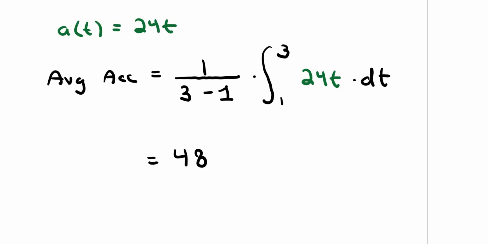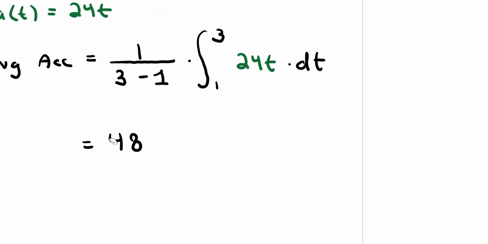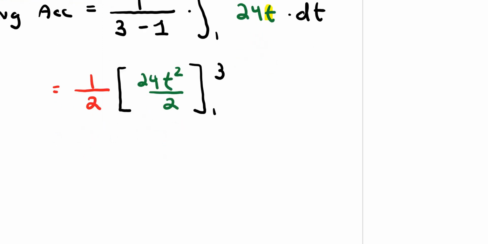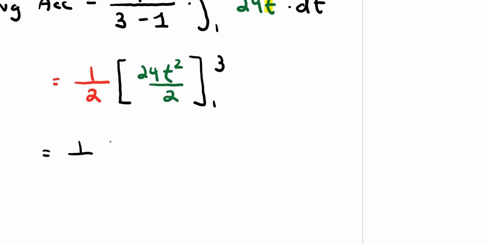This isn't too bad to figure out, but let's just do this by hand. This will be 1 over 2, and the antiderivative right here: if this is a t, it gets raised to the power 2, so 24t to the power 2, divided by 2, and then we're going from 1 to 3. If we quickly do the calculations, 24 divided by 2 is 12.